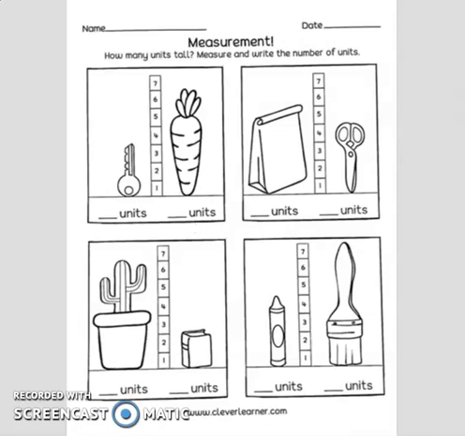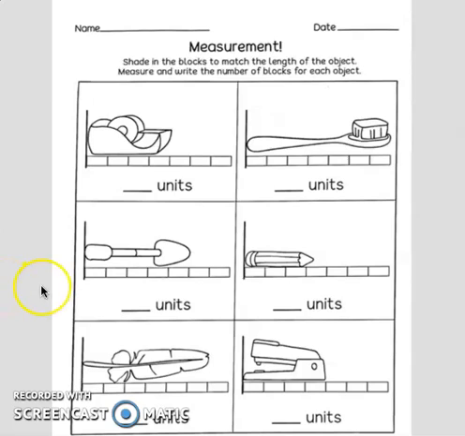After that, your second page is going to be long, and we're measuring the length. So you are going to be taking a peek at the length of these objects. If I look at the tape, I'm going to count how many cubes long my tape is. 1, 2, 3, 4. My tape is 4 units long, or 4 cubes long, so I'm going to write the number 4 right here.